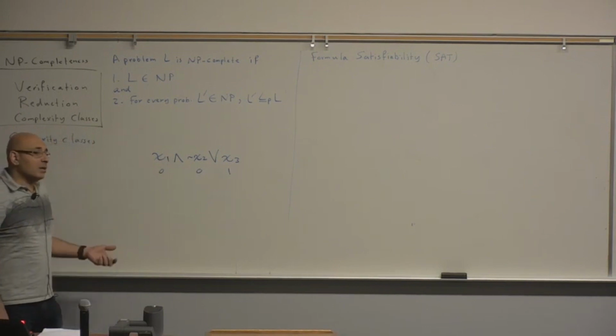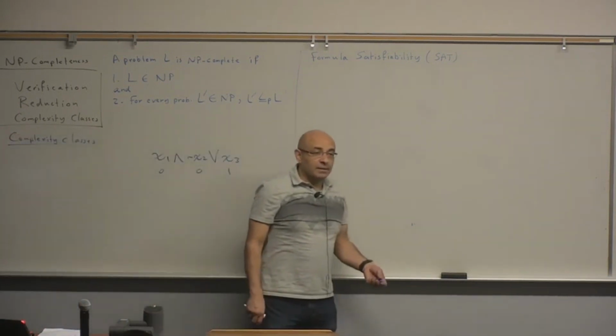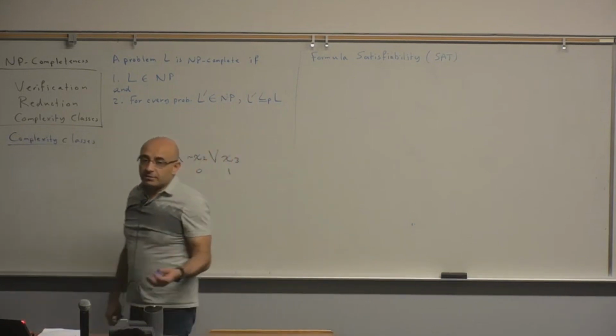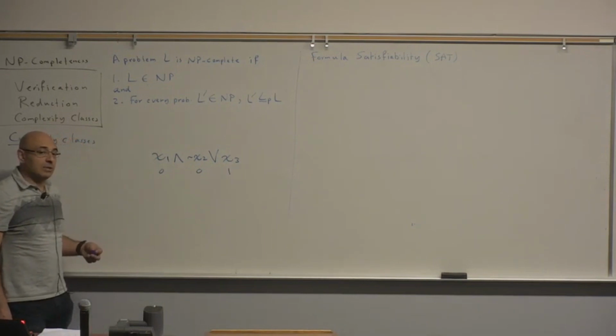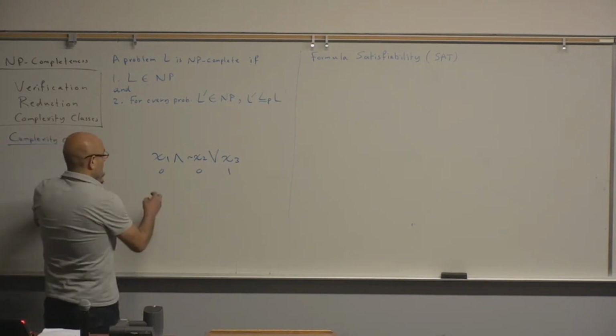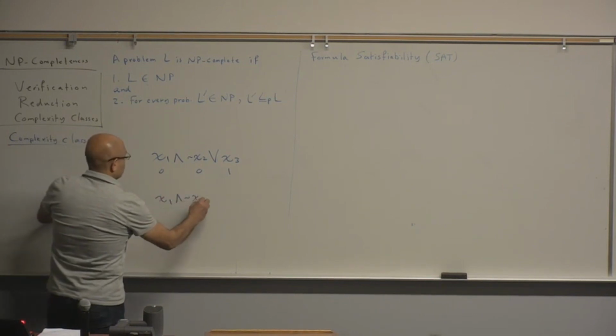Now, can you give me a logical formula that is not satisfiable? There are no values of the variables that will cause it to evaluate to true. A formula that is never true. x1 and x2 and negation of x2? x1 and negation of x2?